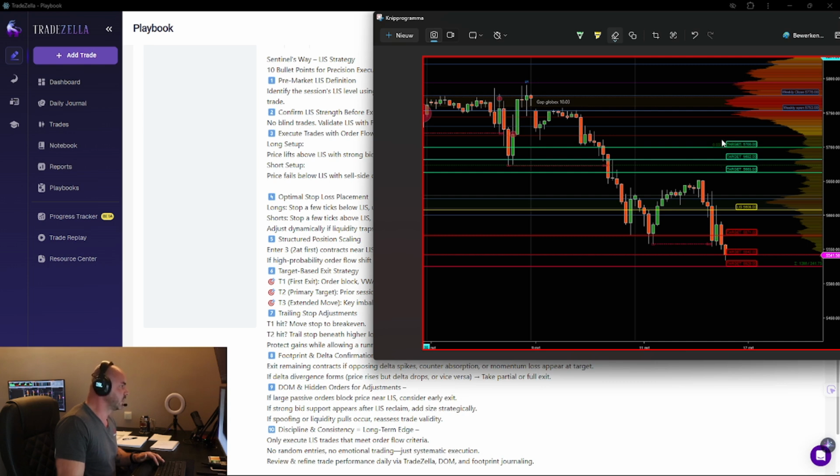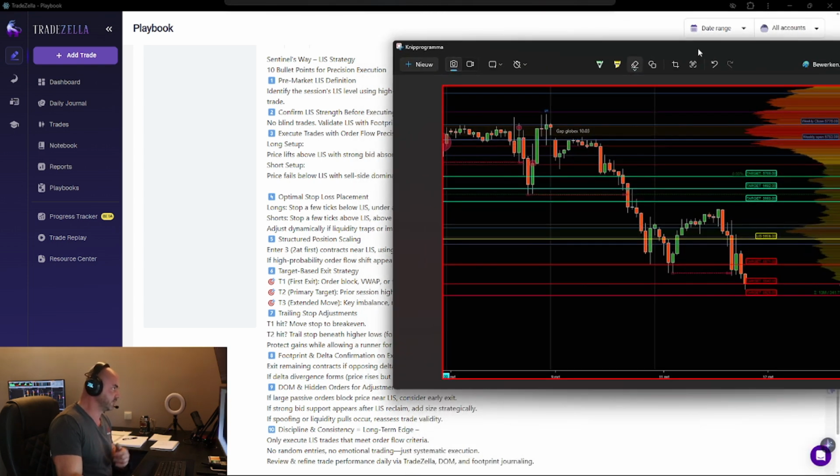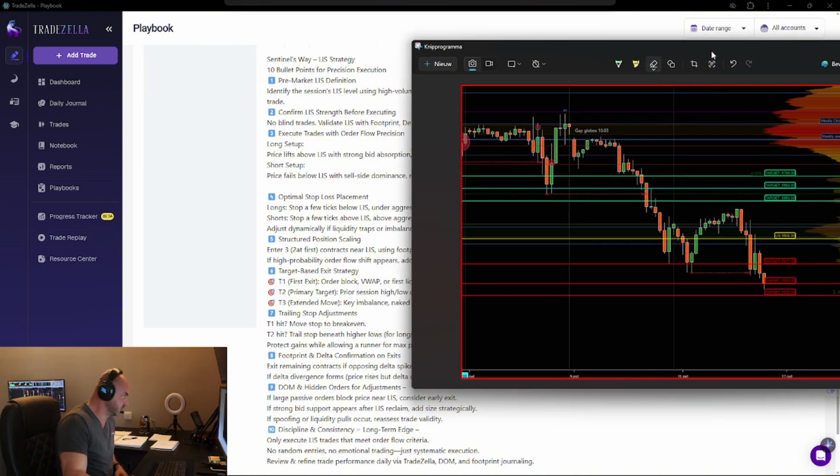Target 3 is far away. The possibility that we hit target 3 is most of the time a little bit slower, but if you're going in with 2 contracts, you can target 1 and target 3 and adjust your stop as you go. The last 2 weeks, my targets have been hit every single day, just so you know.